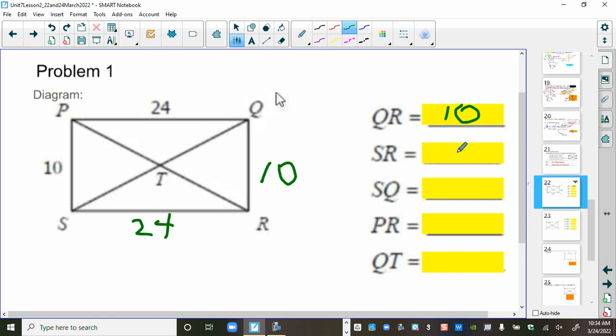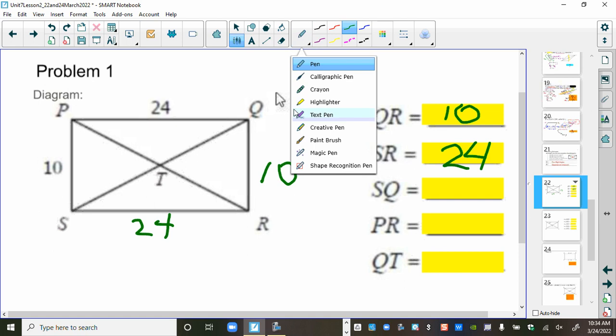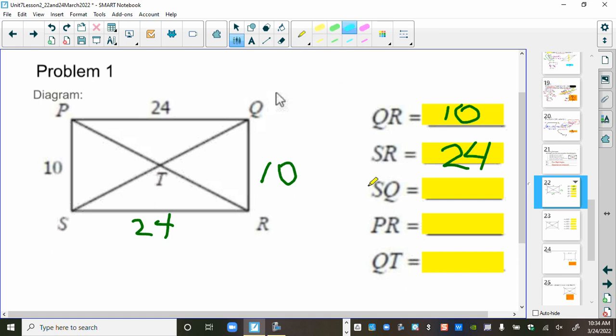Now, here's what's going to happen. SQ is going to be a little bit of work. But here's how we're going to do it. SQ is this distance from here all the way to here, right?